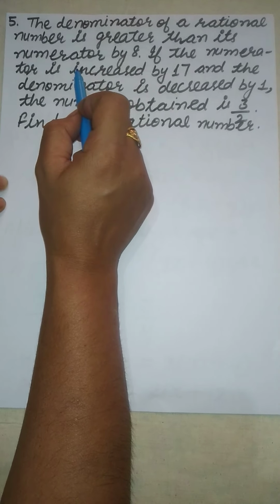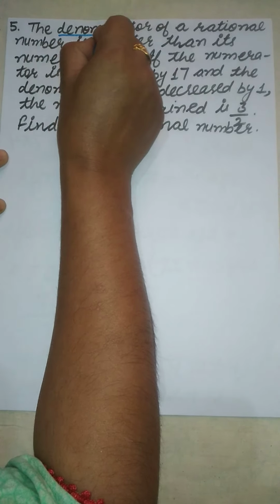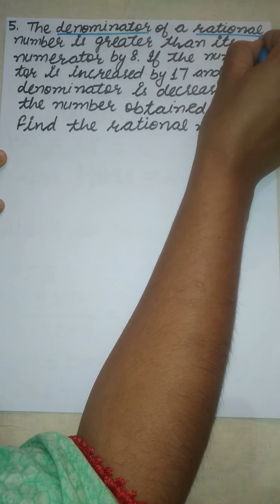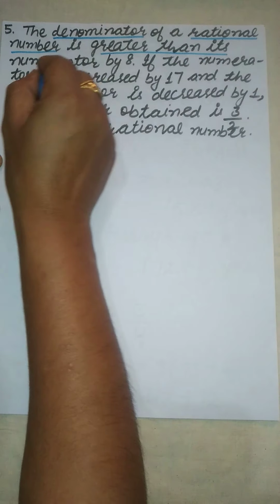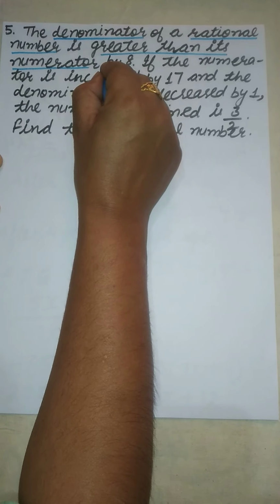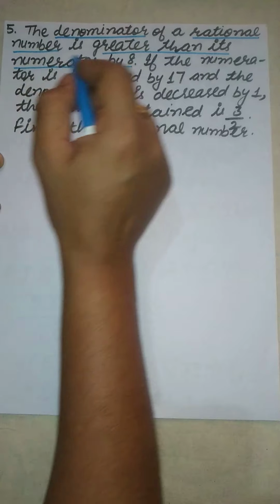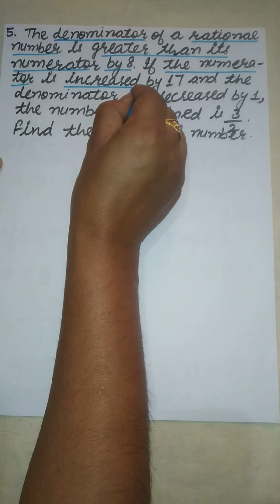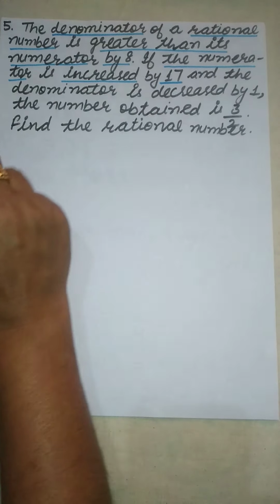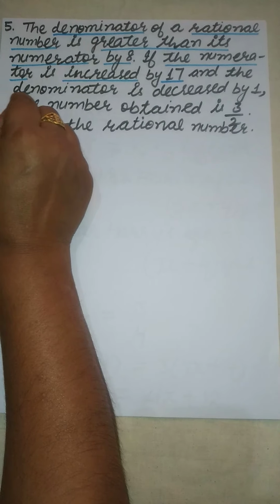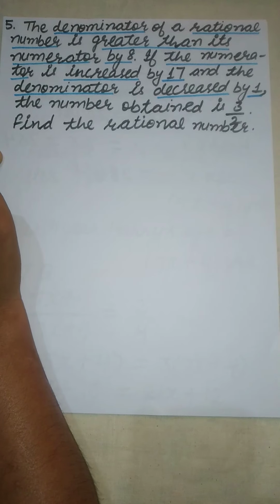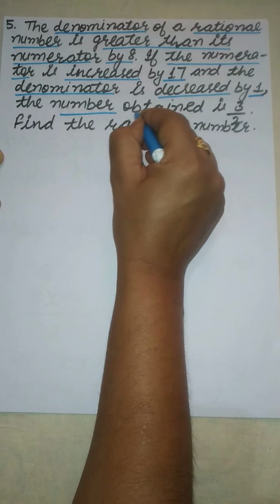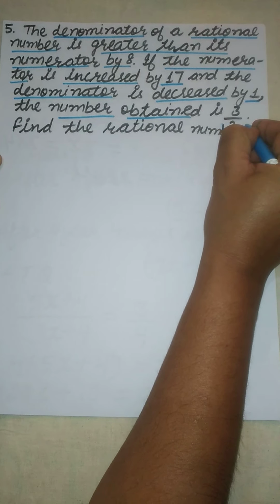Question number 5. The denominator of a rational number is greater than its numerator by 8. If the numerator is increased by 17 and the denominator is decreased by 1, the number so obtained is 3/2.